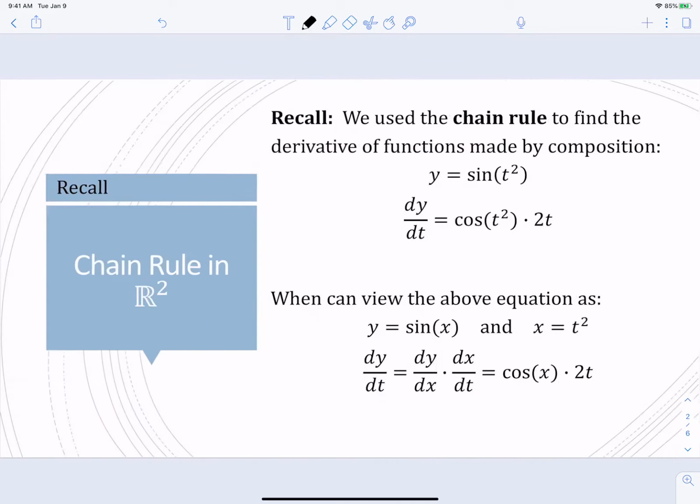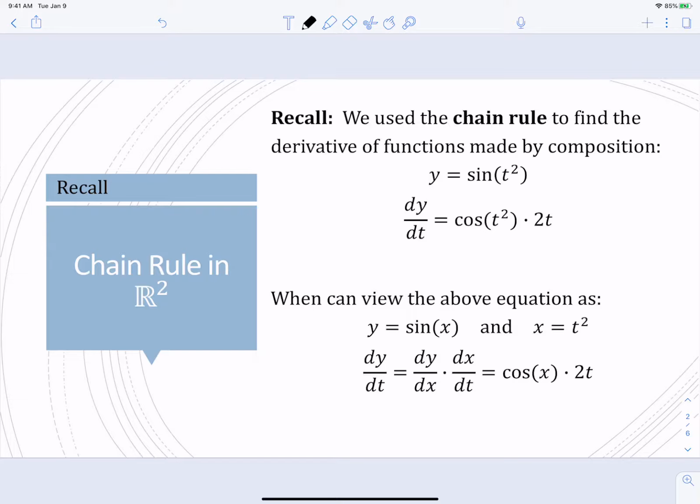So we're going to start how we've been starting a lot of these sections here in chapter 15. We're going to look back at what we know about the chain rule and how we used it in 251. So we use the chain rule to find the derivative of functions that we made by composition. So this is where we take two functions, we're plugging one into the other.